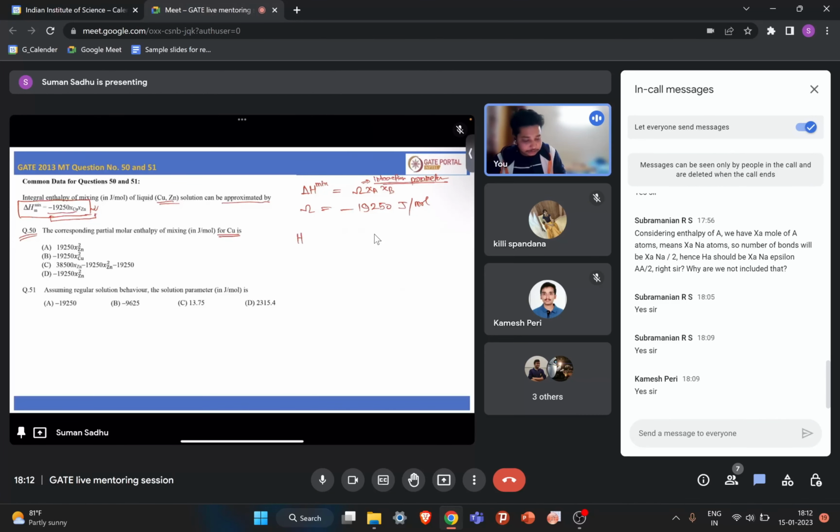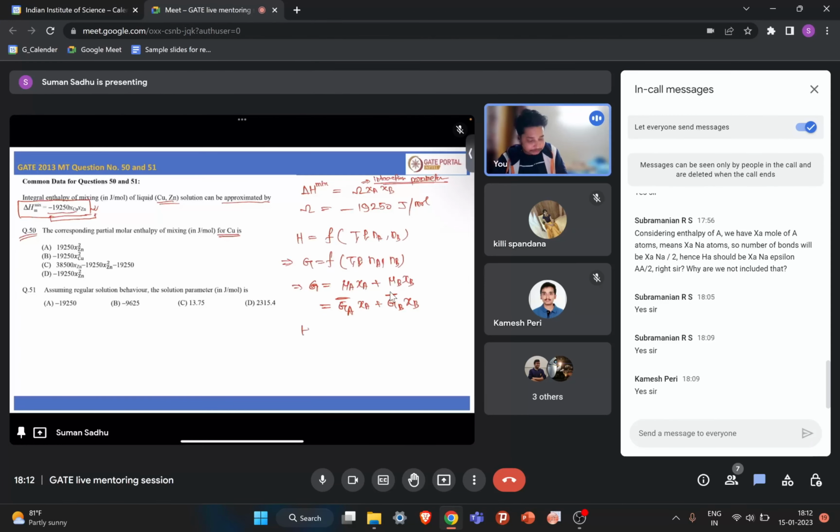Again we know that H is a function of temperature, pressure, and similar to G, it will also be a function of Na and Nb. For G we wrote temperature, pressure, Na and Nb, and we found that G is equal to mu A XA plus mu B XB, or we can write it in partial molar terms as GA bar XA plus GB bar XB.